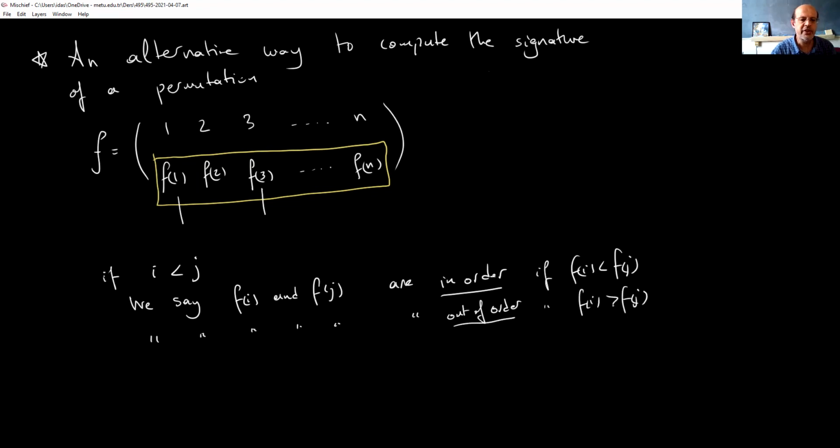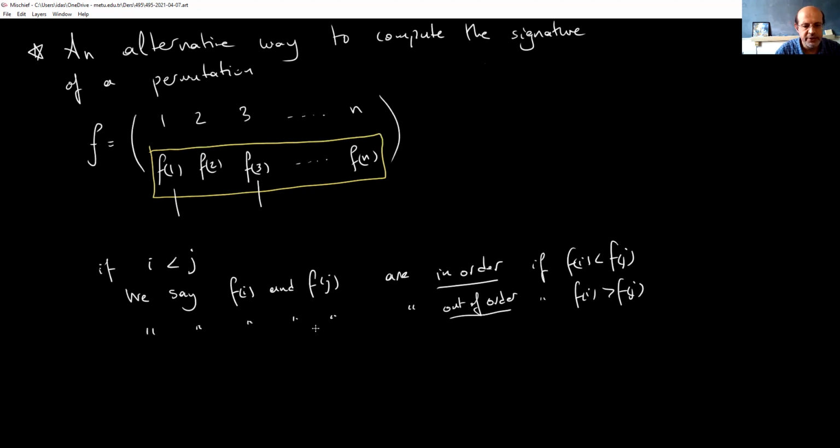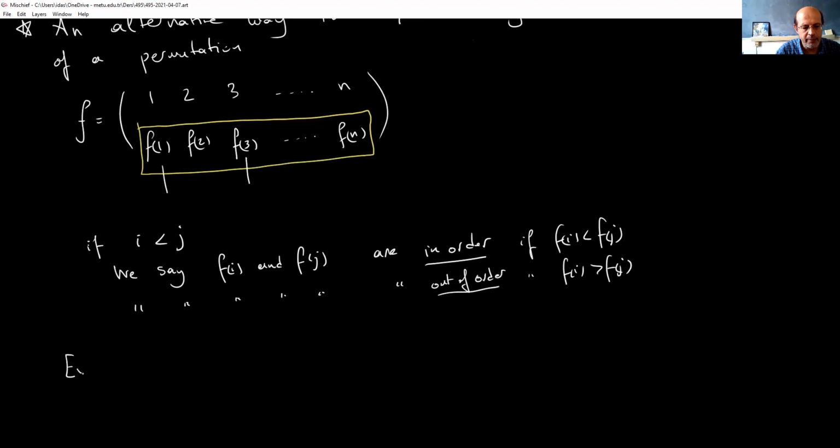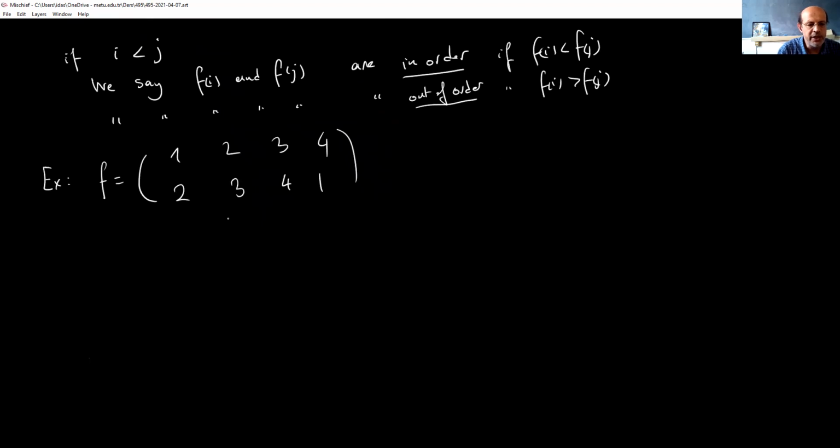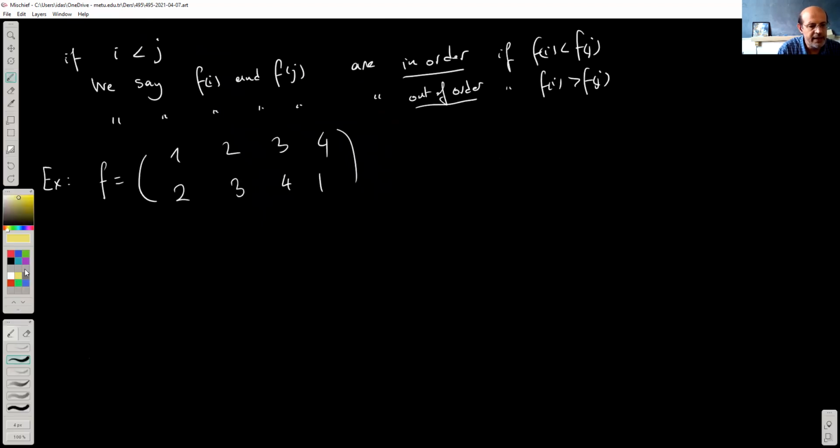This is too abstract, so I'm just going to do an example in here. Suppose F is this function, a permutation of 4 elements: 1, 2, 3, 4 going to 2, 3, 4, 1. Doesn't matter, right? What I'm doing is looking at the sequence in here. Let's just concentrate on that sequence.